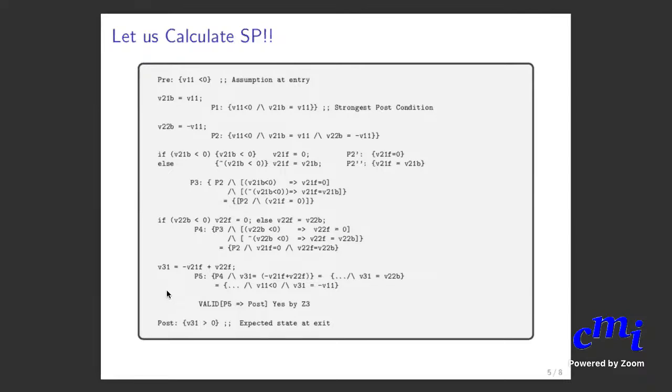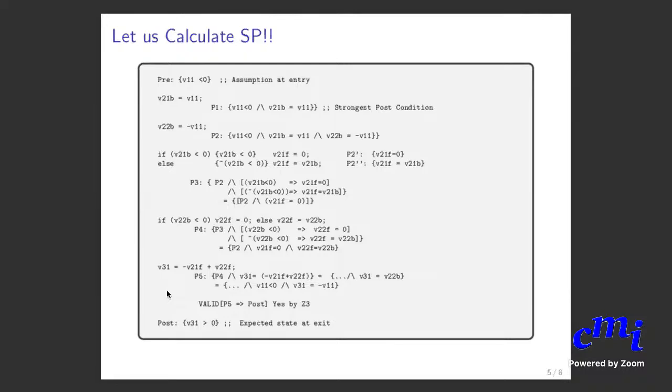So V11 is negative. After I do this assignment, as per the semantics of my assignment statement, what does it do? It changes V21B. It makes the value of V21B equal to V11, and leaves everything else, including V11, unchanged. Correct? Which here was some arbitrary value.